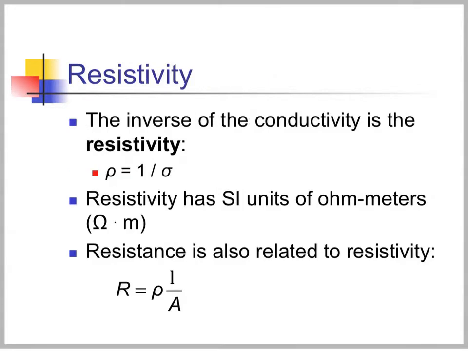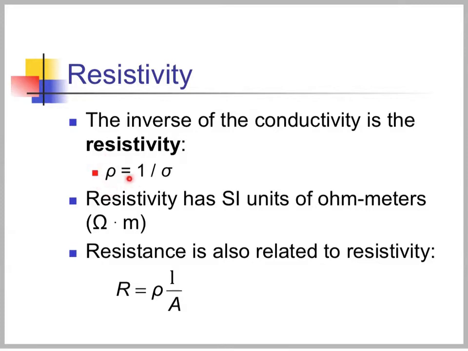The inverse of conductivity is the resistivity. Rho is equal to 1 over sigma. Rho is the resistivity, and it has units of ohm meters. And the resistance is related to resistivity. The resistance of, say, a piece of wire is the resistivity times the length of the wire over the cross-sectional area of the wire.